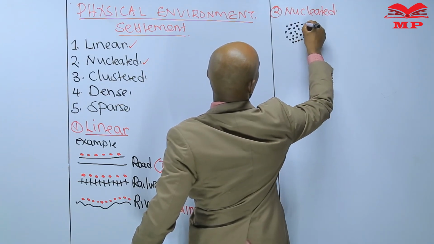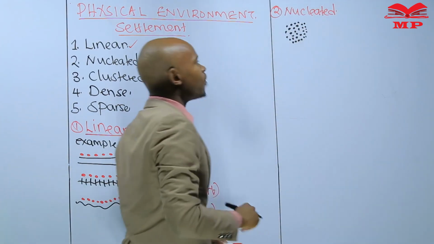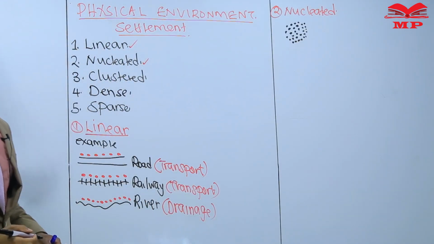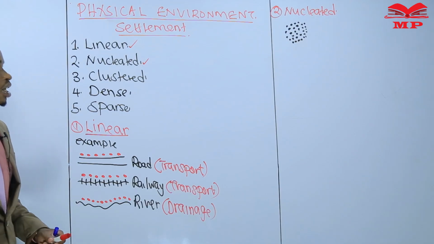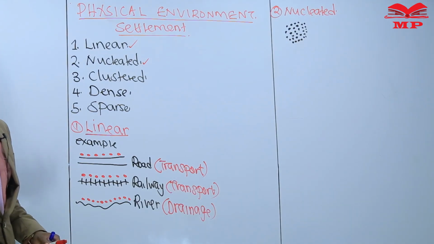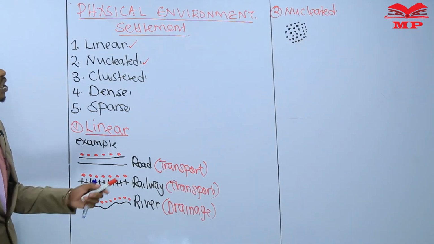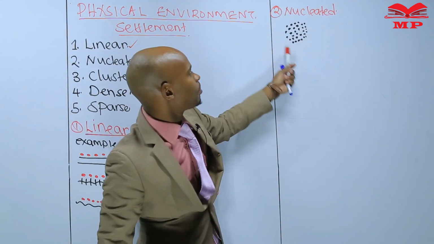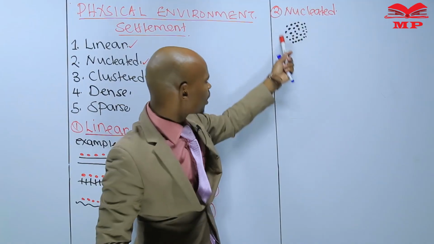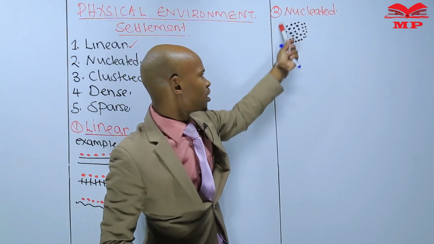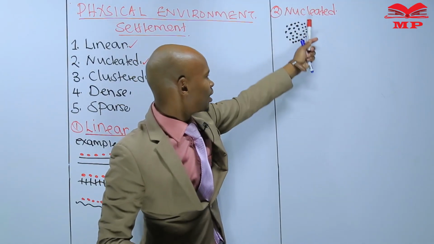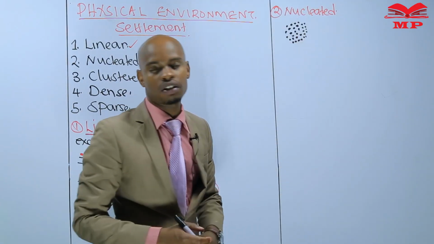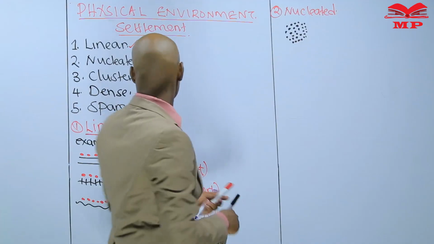They are staying close together, forming a village-like kind of settlement. That is nucleated. When I give examples in a map, we shall be able to see some of the factors that make some settlements look like this. What would make people live in this kind of pattern? Nucleated is one village-like form of settlement.